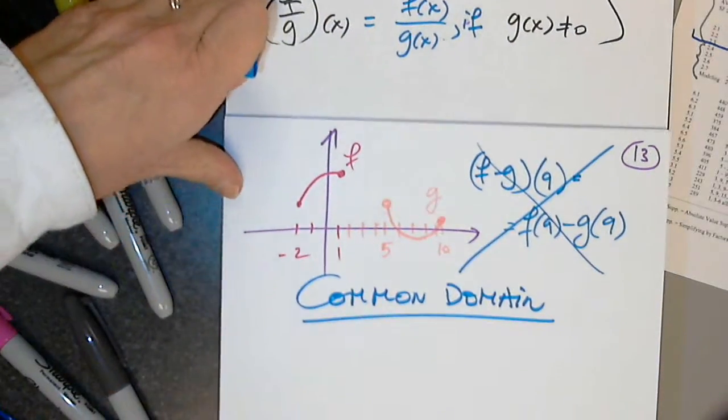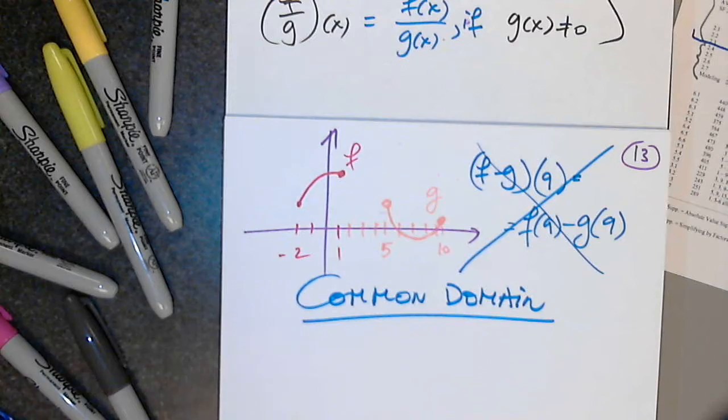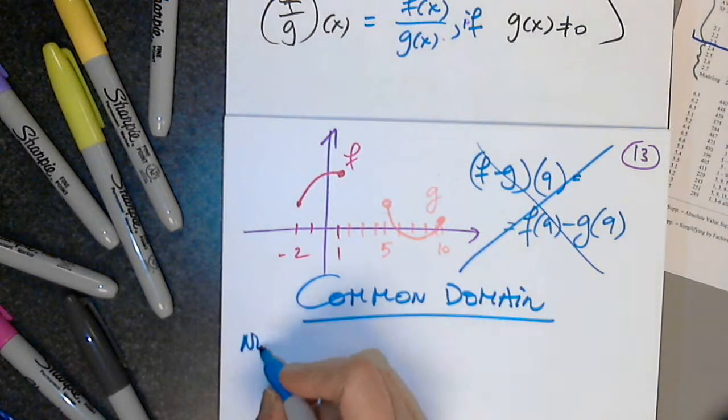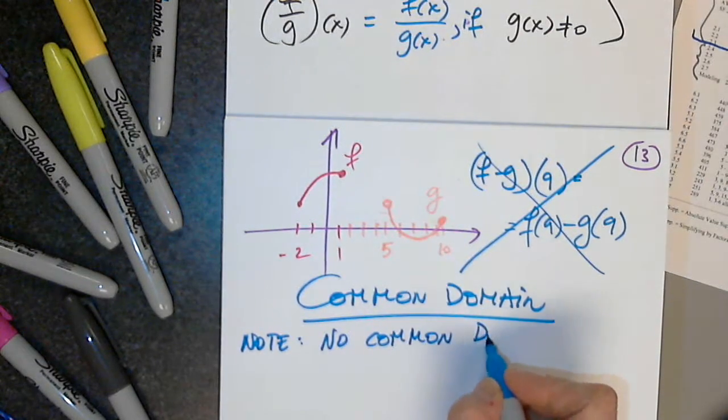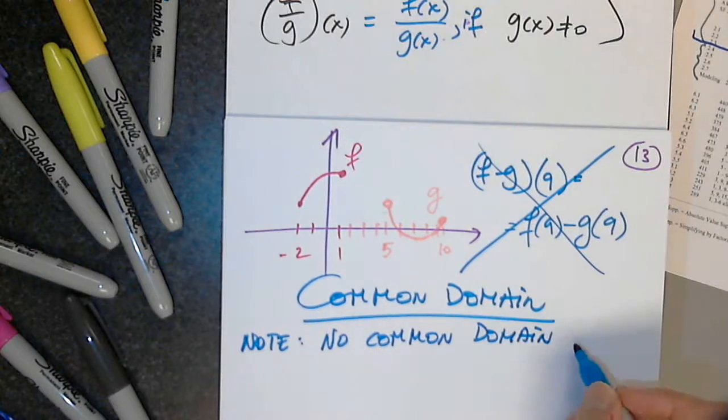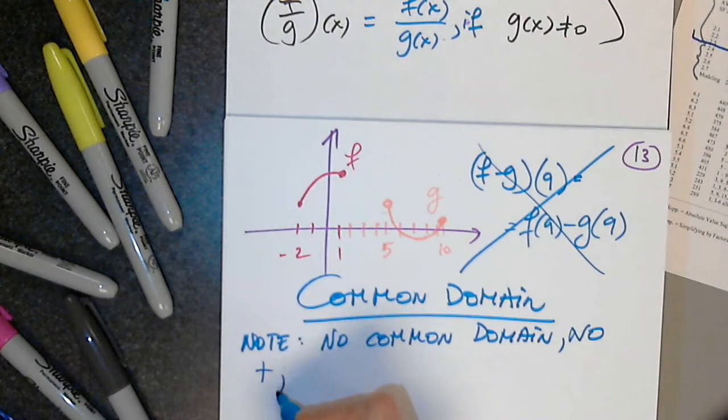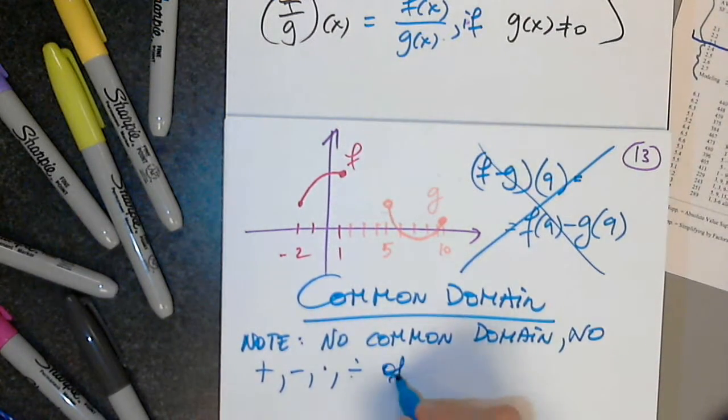So if functions don't have a common domain, I cannot create those four. So note, no common domain, no addition, subtraction, multiplication, division of functions.